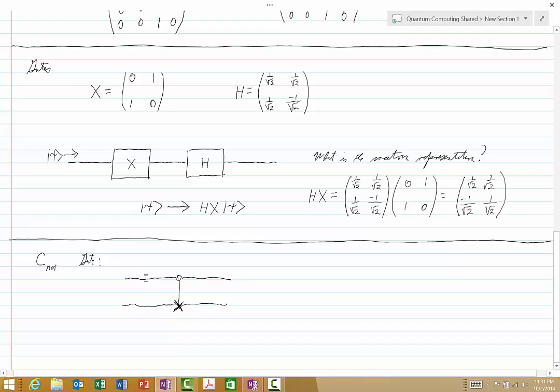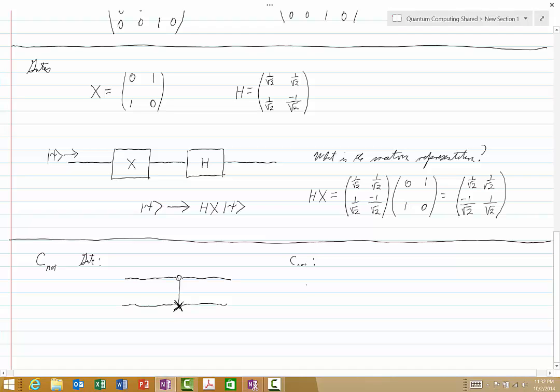First of all, you should think of this line, again, this works on two qubit states. So the top line works on the first qubit of the state, and the second line works on the second qubit of the state.